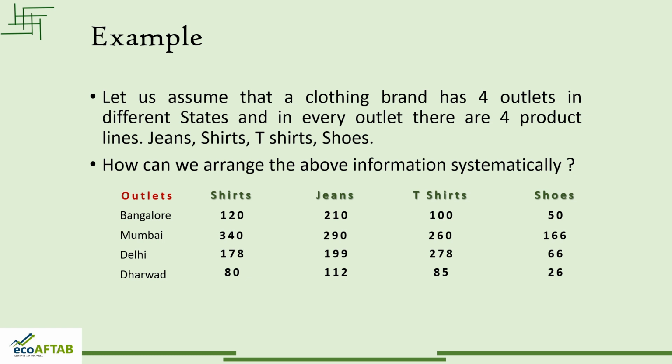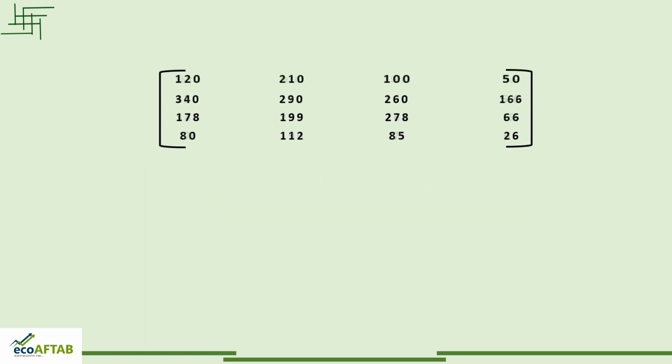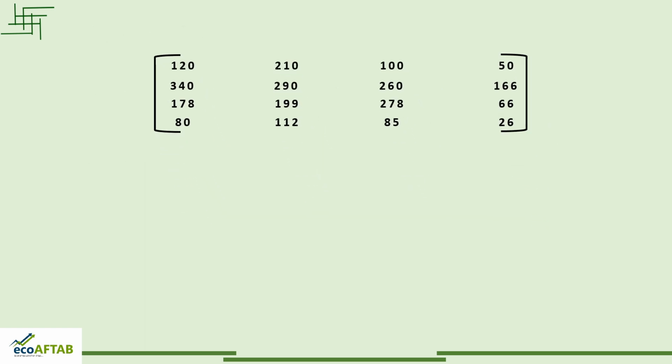If you look at this table, when we look only at the numbers, we are systematically arranging all the products with specific product lines which are available in different outlets in different states. Only if you take the numbers which I have put in brackets, this becomes our matrix.